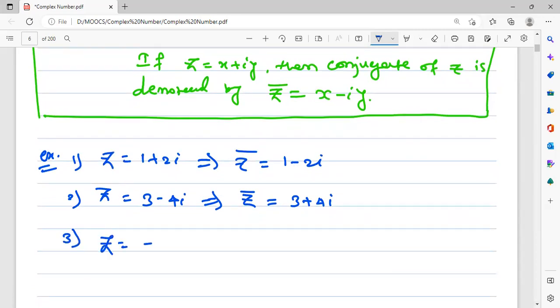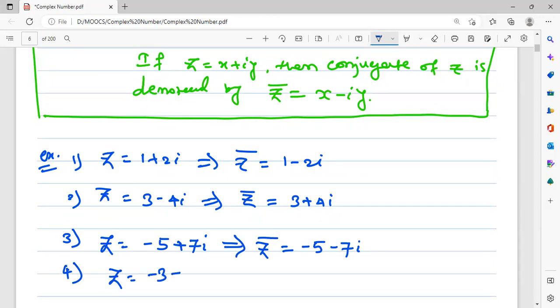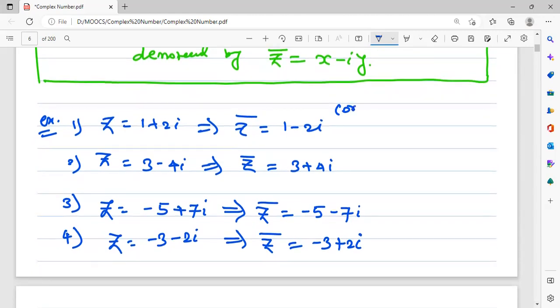If my z is equal to minus 5 plus 7i, I will write z bar as minus 5 minus 7i. Keep the real part as it is and change the sign of the imaginary part. Conjugate means we are finding the mirror image of the given complex number.